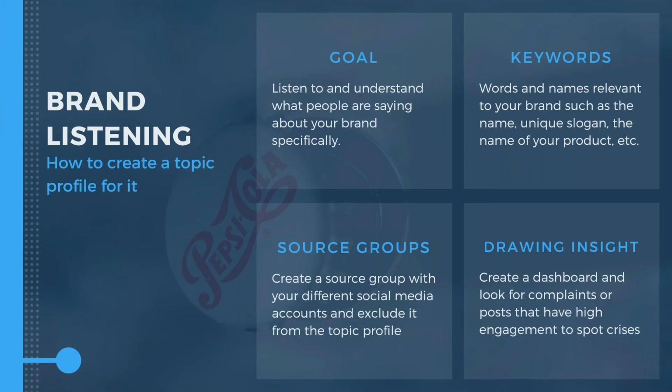And when you're drawing insight from your brand listening, what I can suggest is that you create a dashboard and look for specific posts such as complaints or posts that have high engagement to spot crises.